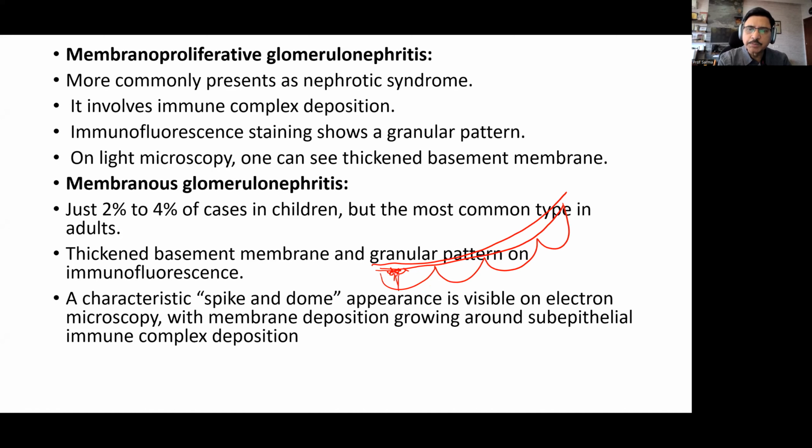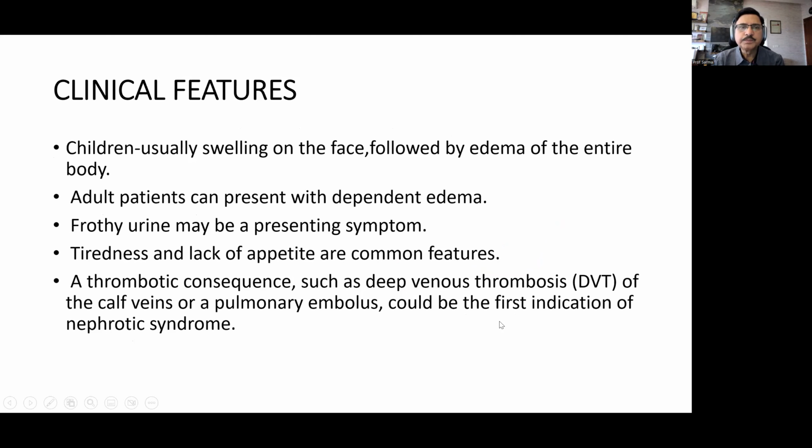These will be like spikes, and like a dome connecting them. This is called the spike and dome appearance that you see in case of membranous glomerulonephritis. It's a very common cause in adults, and around 2 to 4% of children only have membranous glomerulonephritis. Thickened basement membrane and granular pattern is the hallmark. Okay.